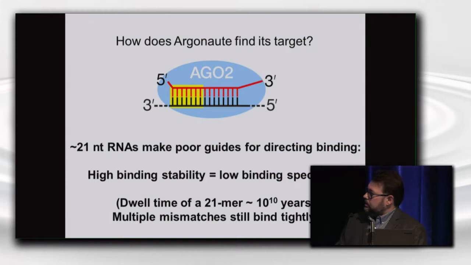Well, indeed, the short single-stranded RNAs have a couple of inherent problems. First one, they make extremely stable complexes with complementary strands. So this high binding stability actually translates to low binding specificity, because the dwell time, or the lifetime, of this duplex before it spontaneously dissociates can be staggering, extremely long.